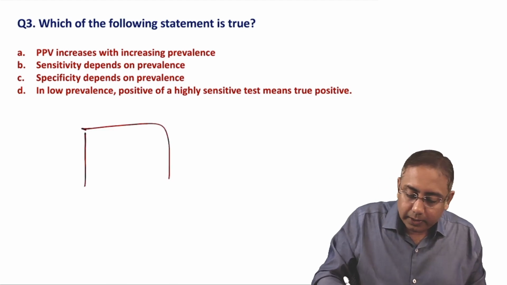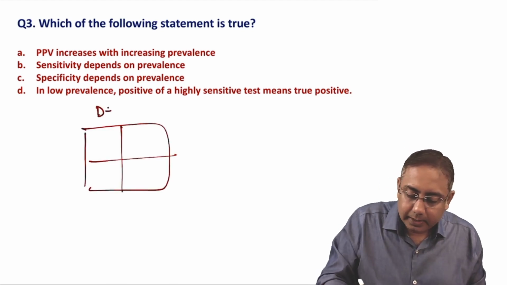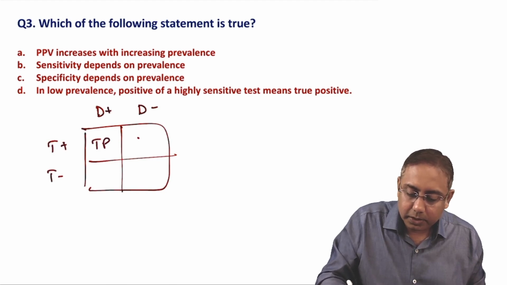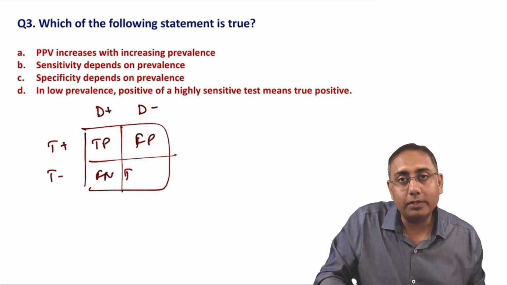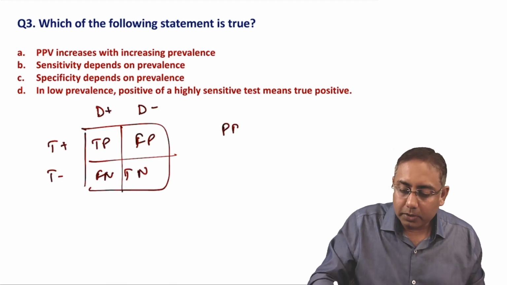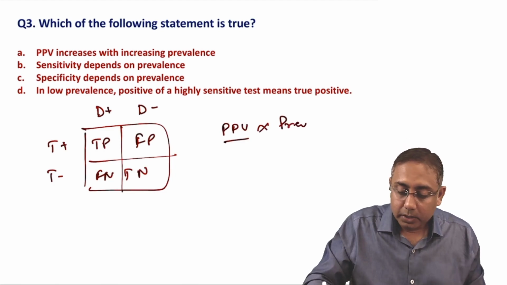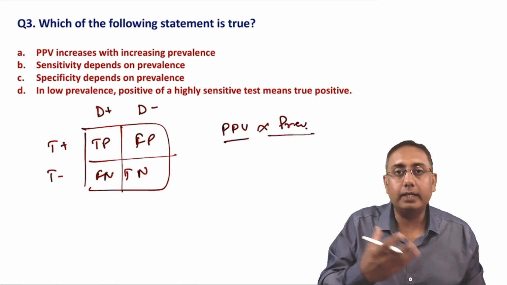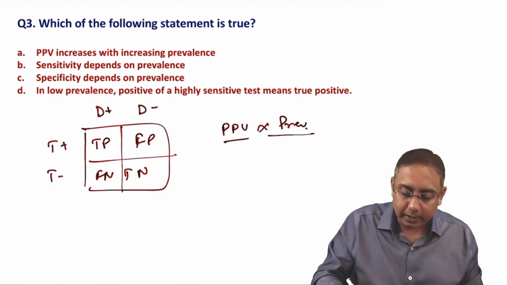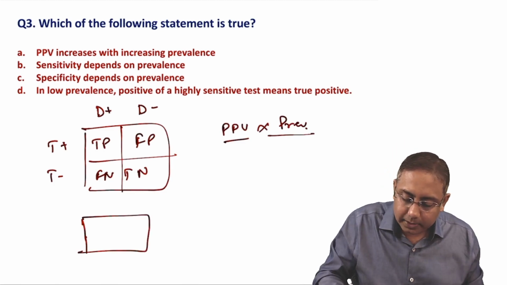You already know the box. There is disease plus, disease minus, and there is test plus, test minus. There is a true positive, a false positive, a false negative, and a true negative. So you know that the positive predictive value is directly proportional to the prevalence. So what happens if the prevalence increases?